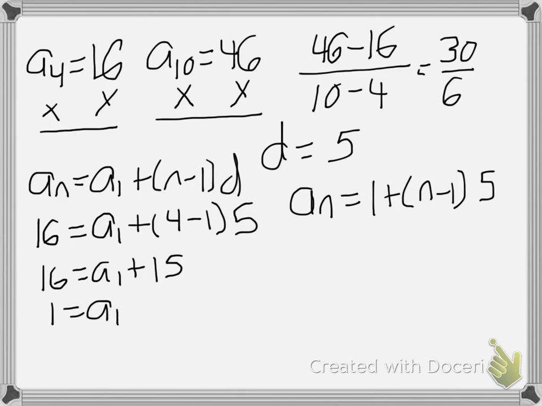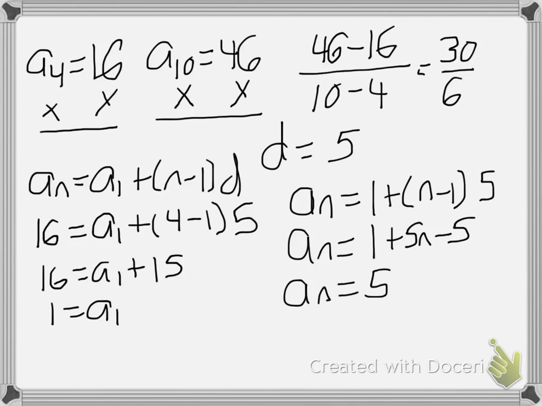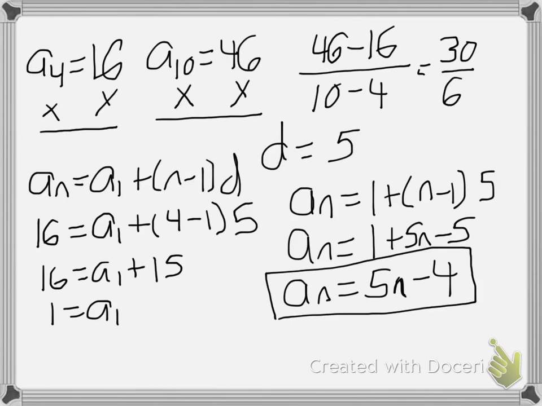All right, now let's work it out. a sub n is equal to 1 plus 5n minus 5, or a sub n is equal to 5n minus 4. There we go. We now have worked it out and have figured out the equation. Okay?